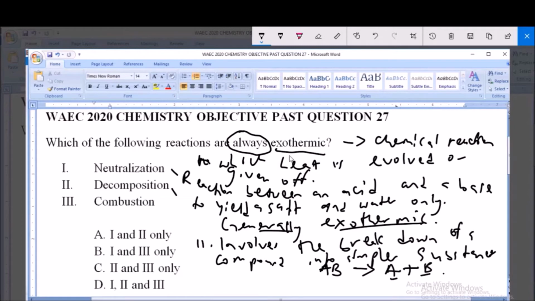Now, whether a decomposition reaction is exothermic or endothermic depends, because you can have what is called thermal decomposition. And in thermal decomposition, you have to heat whatsoever compound you are trying to break down in order for it to dissociate into the simpler substances. So thermal decomposition involves addition of heat, and that type of reaction is known as an endothermic reaction because it involves absorption of heat.